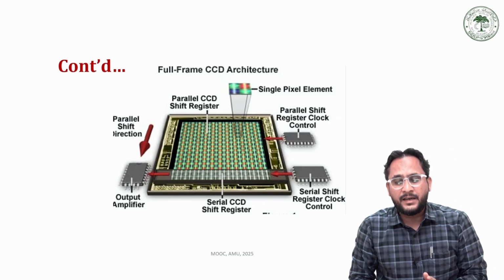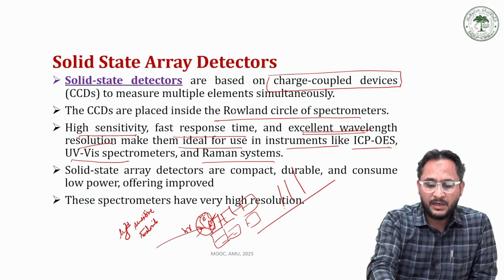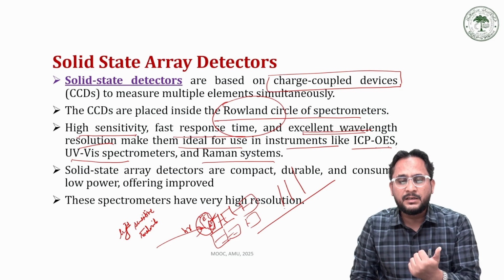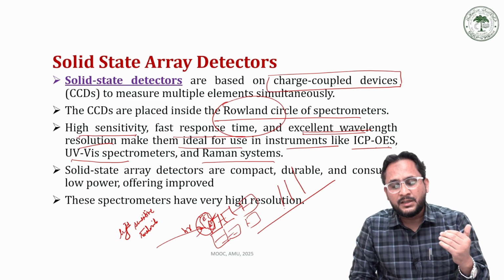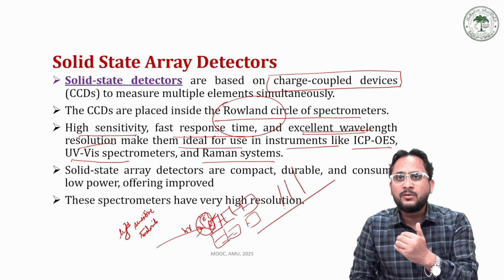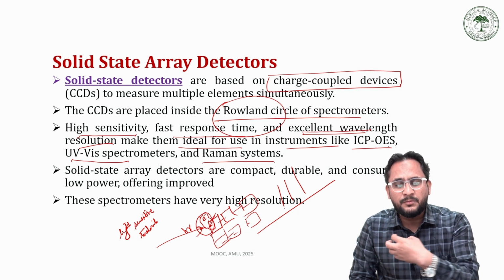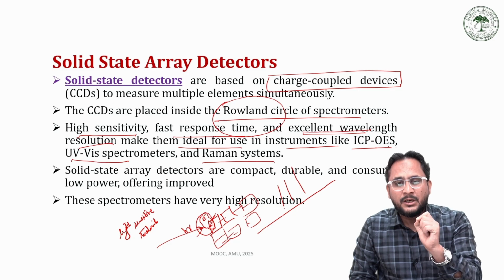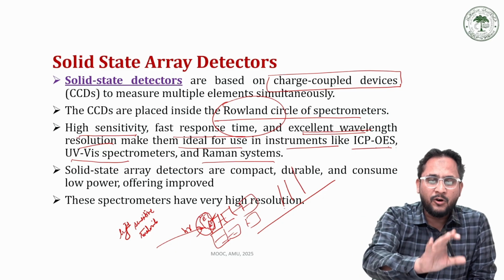So solid state array detectors are always used with polychromators, means either they are connected to a Rowland circle which has a combination of multiple exit slits and concave diffraction grating, or they are used with an echelle grating, where we have an echelle grating and a prism that narrows down the light to a greater extent, and then we have a plate aperture which allows multiple light radiations to pass through the small holes of that plate, and then those multiple light radiations fall on the detector.